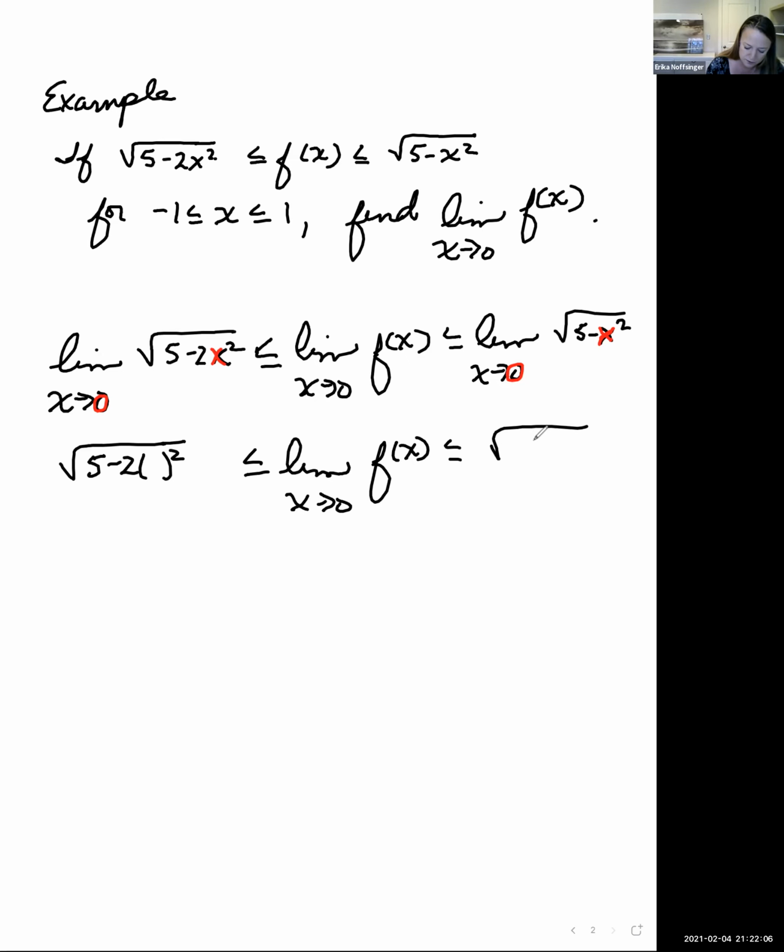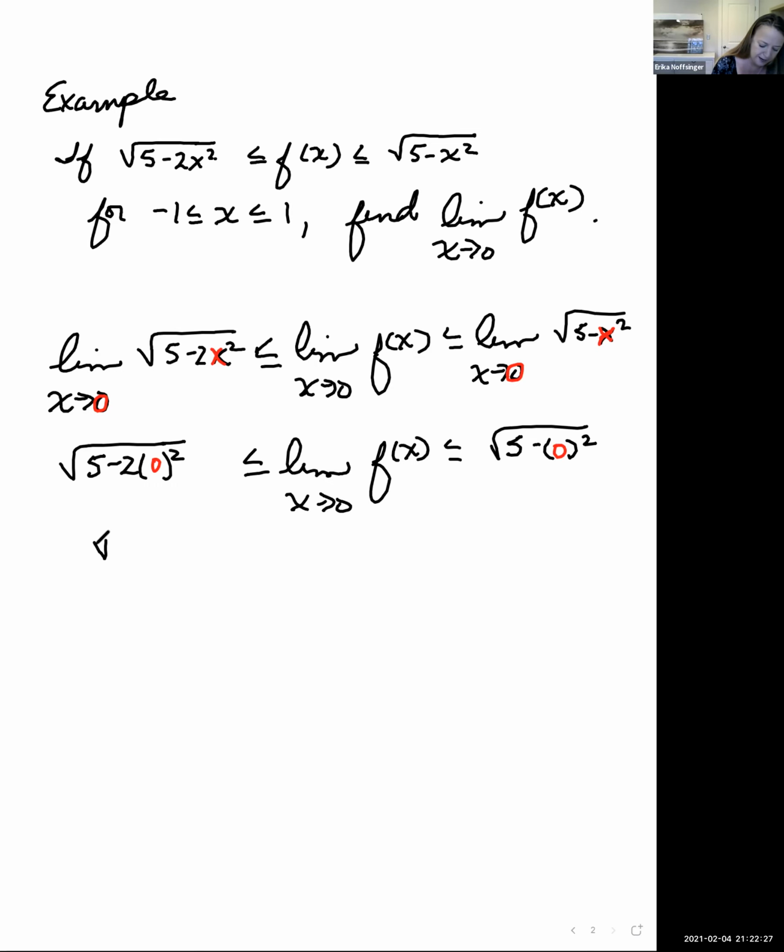Plugging in 0, I get the square root of 5 minus 0 squared. Simplifying underneath the radical first, we have 5 minus 2 times 0 squared. 0 squared is 0, times 2 is 0.